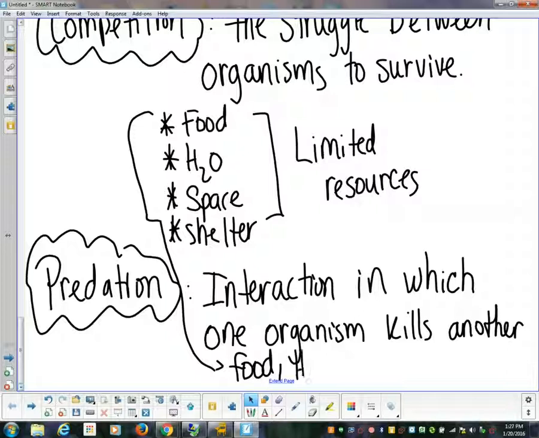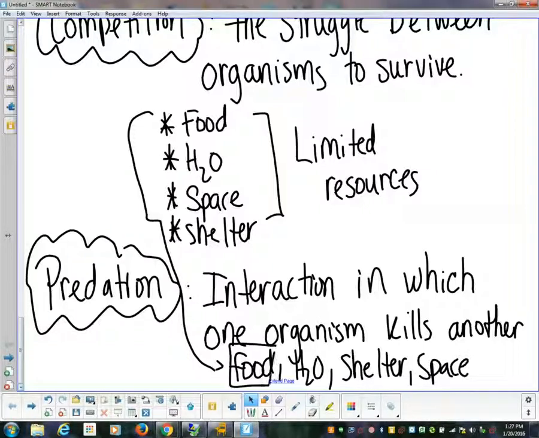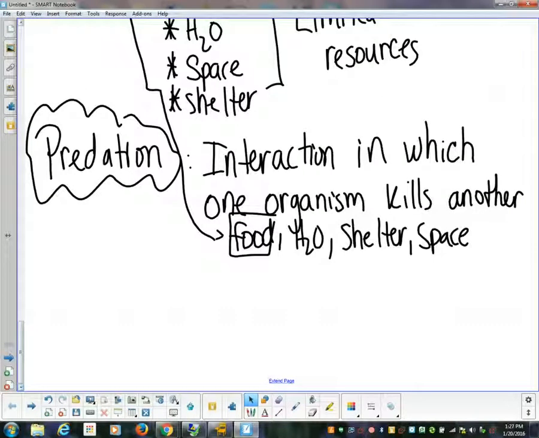Food, potentially water, shelter, or space. Most of the time, it's centered around food. Okay, so they're oftentimes going to kill one another for that.